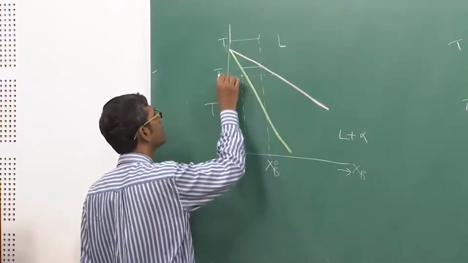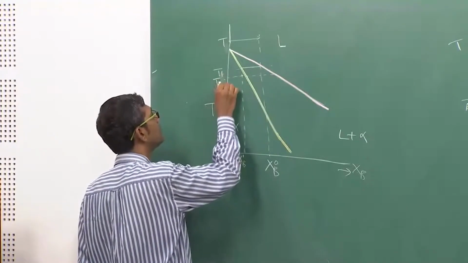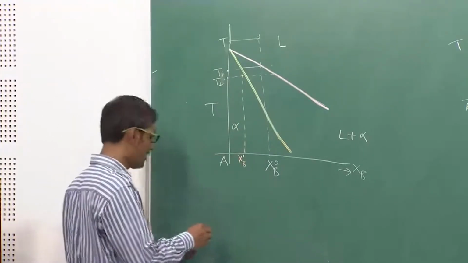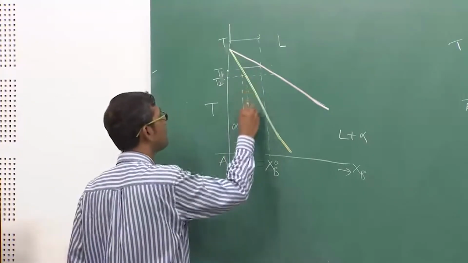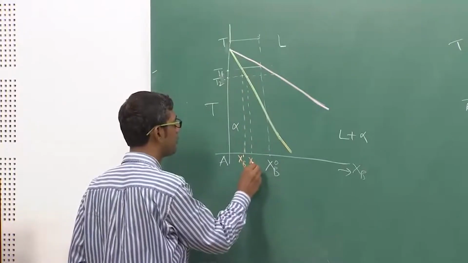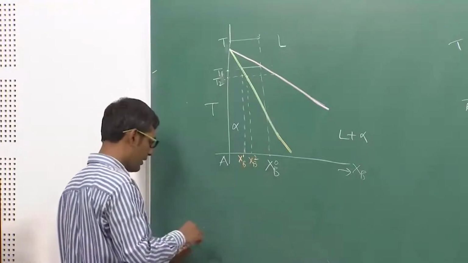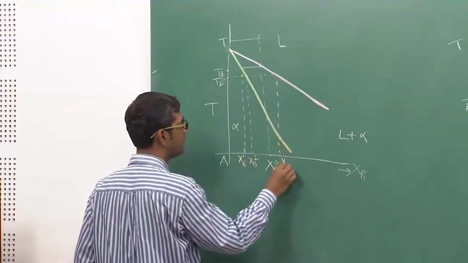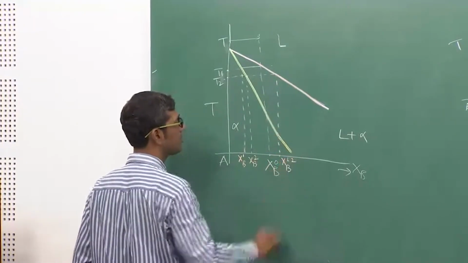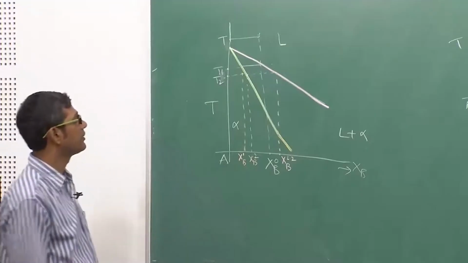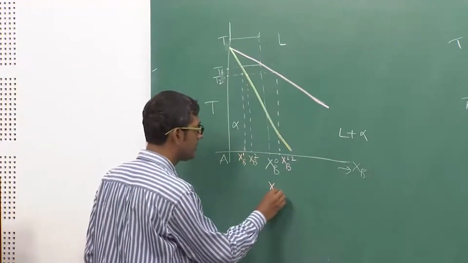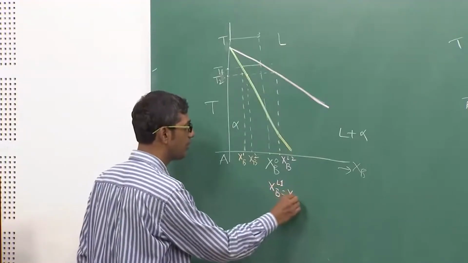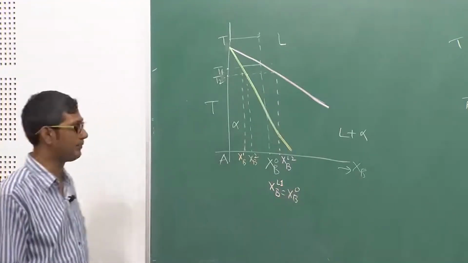Suppose I drop the temperature from T1 to T2. This is my T2 temperature, this is my T1. At T2 temperature, you can clearly see the solid which will form has a composition Xb2. On the other hand, the liquid will have a composition XbL2, let us suppose. This was my first liquid composition XbL1, but this is equal to Xb0 because that is the starting composition of the alloy.